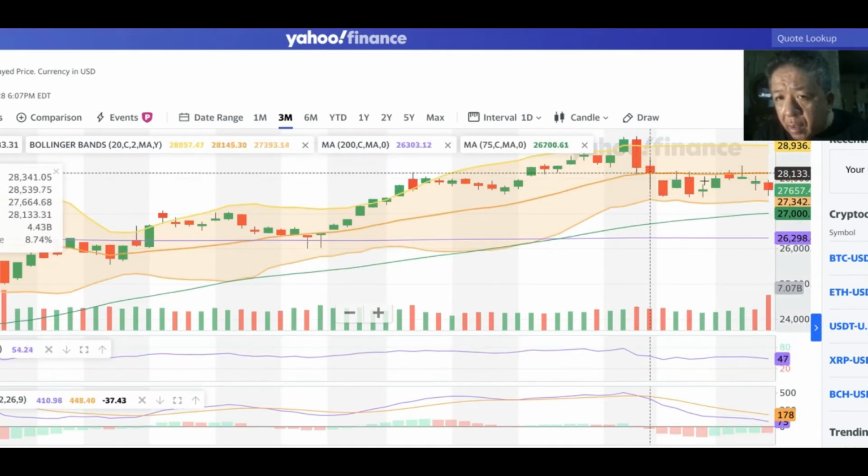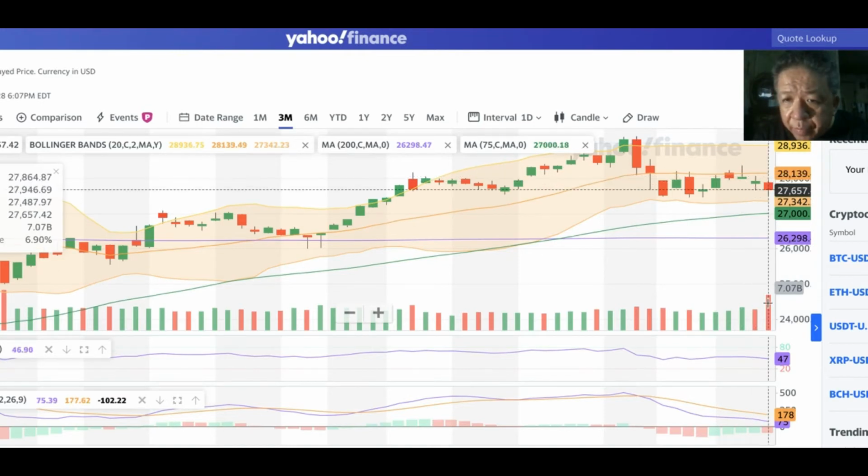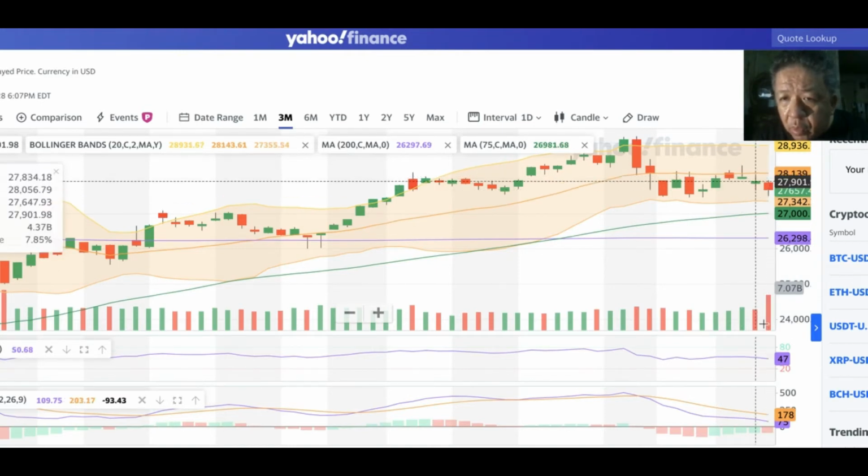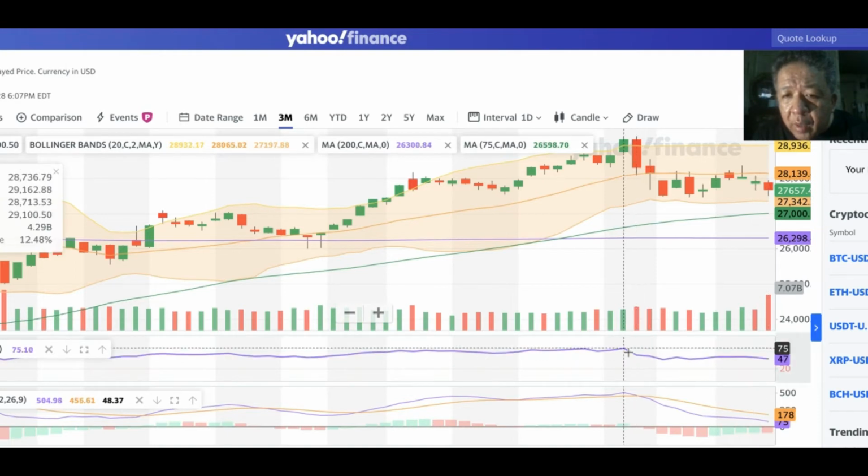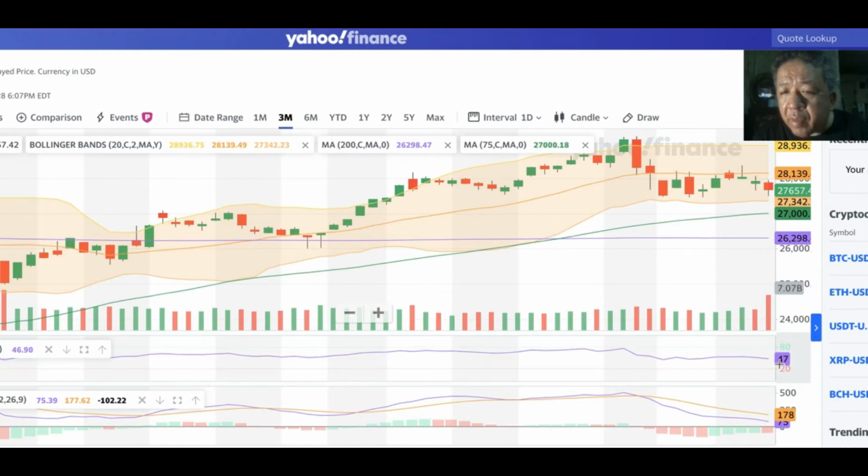I think in the short term there's some selling that's happening. Look at the two red candles happening last Friday and last Thursday. Also, if you look at the RSI, it went from as high as 75 to 47 now.